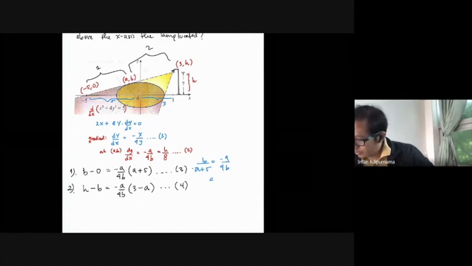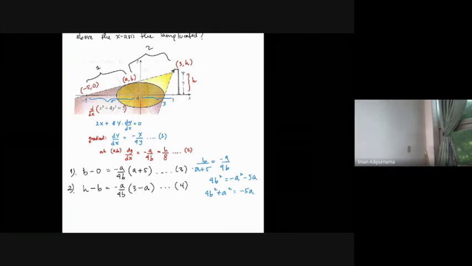Let me solve this for b squared is equal negative a squared minus 5a. Okay. 4b squared plus a squared is equal negative 5a. For b squared plus a squared.